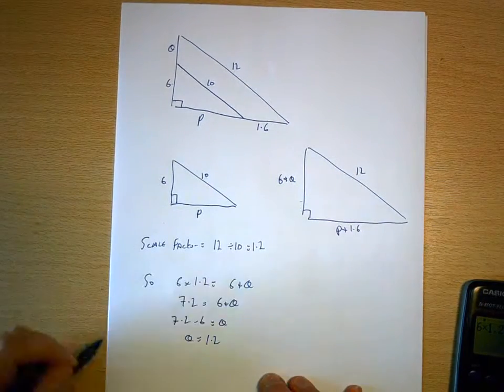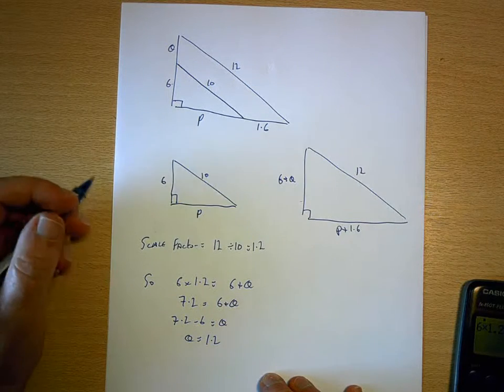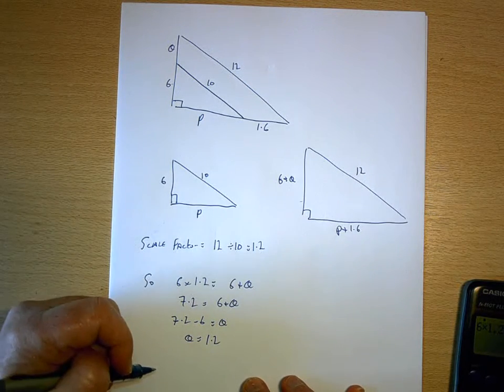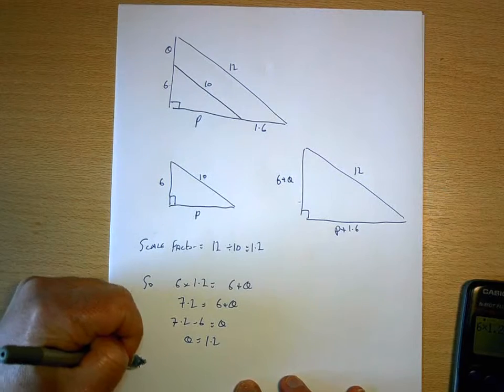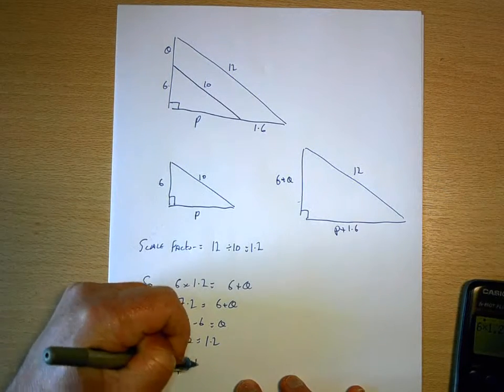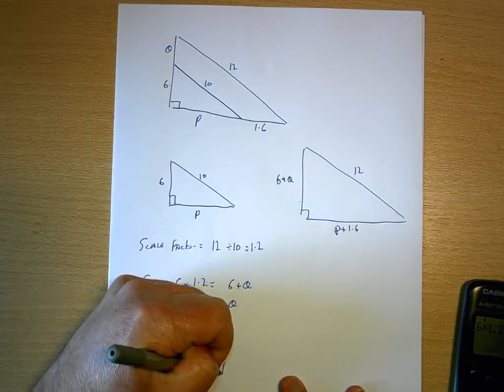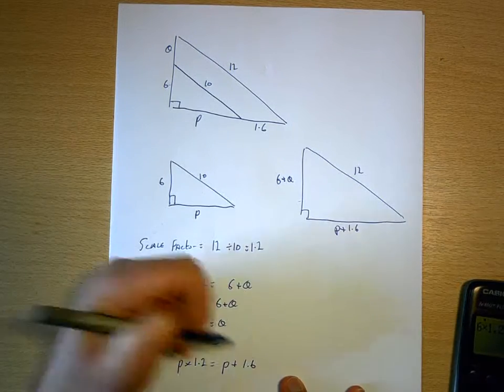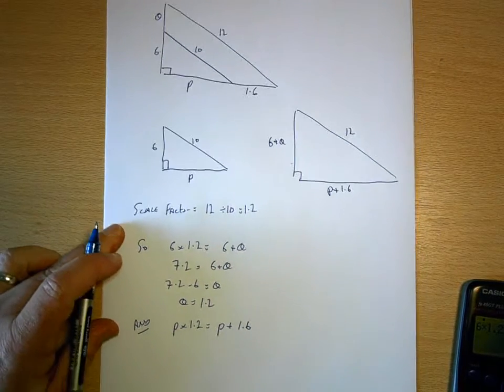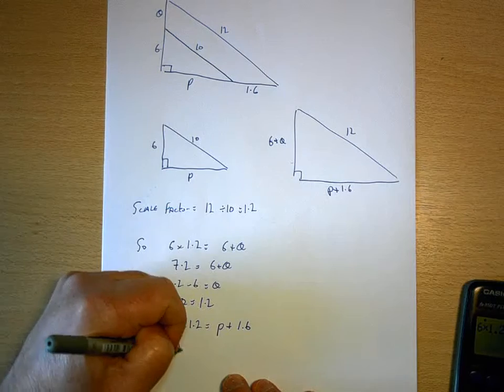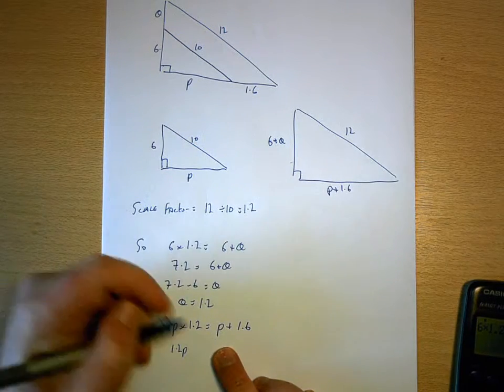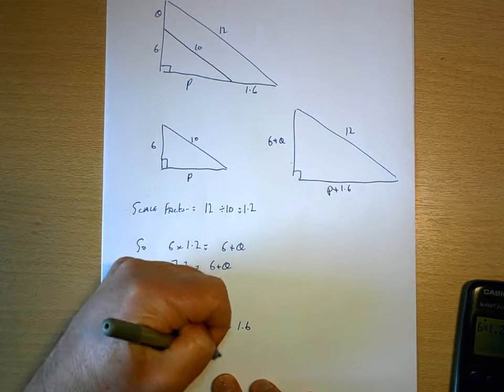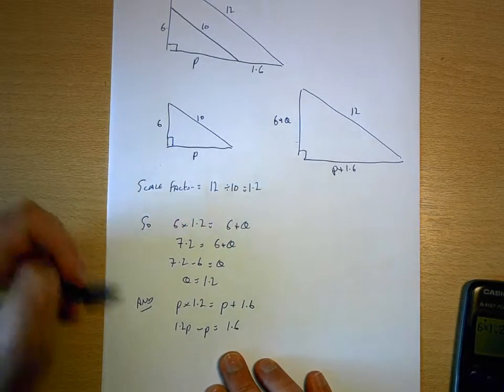And then P times 1.2 equals P plus 1.6. So 1.2P, take P off both sides, equals 1.6.